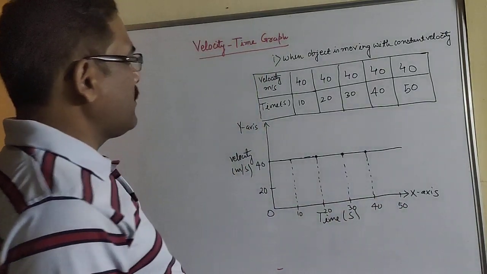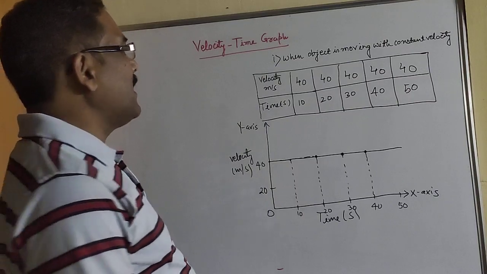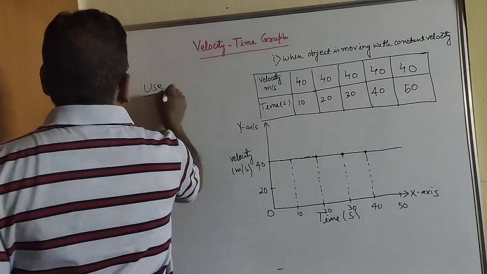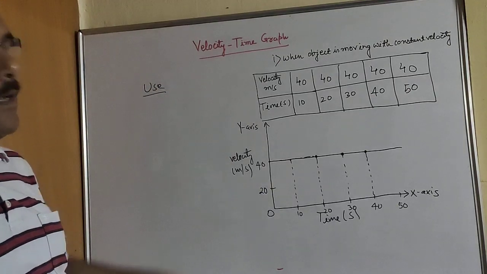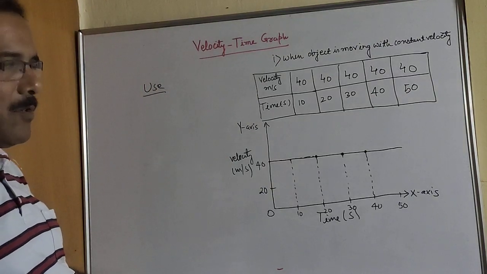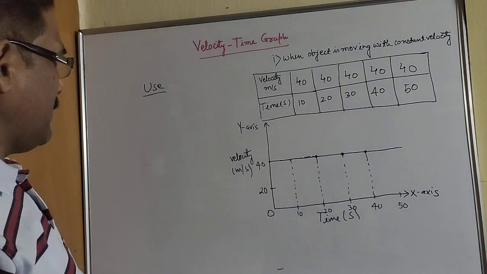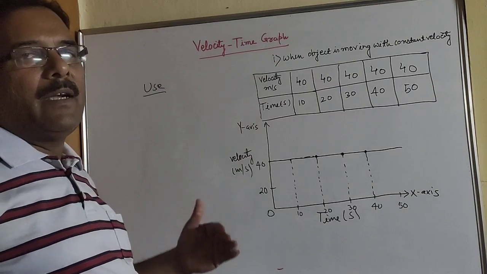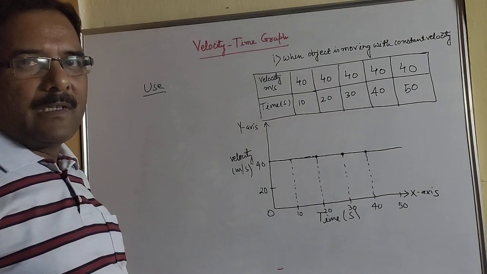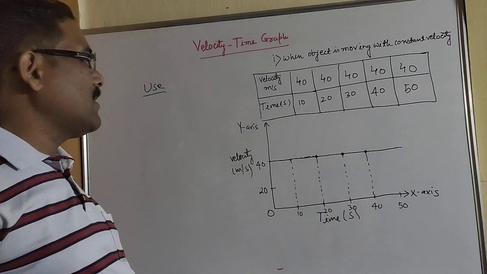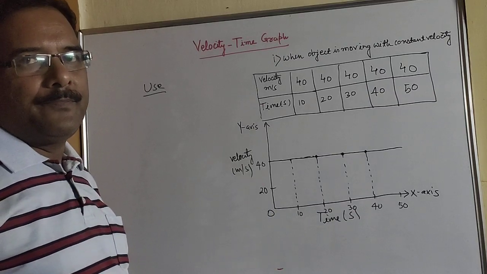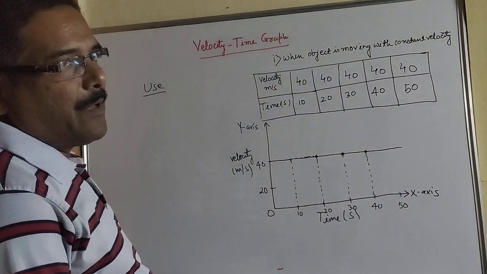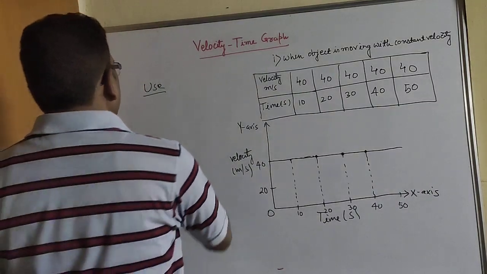Now what can we calculate from this graph? Is there any use of this graph? As we have learned earlier, the ratio of velocity and time will give acceleration, isn't it? So in this case, what will be the acceleration? The slope of the velocity time graph will give acceleration.